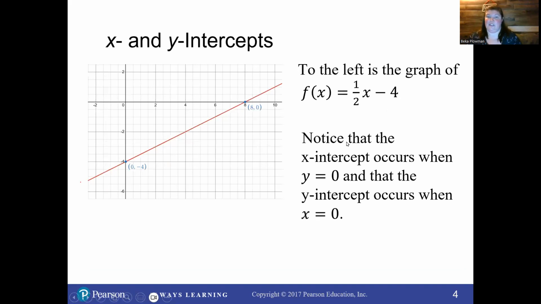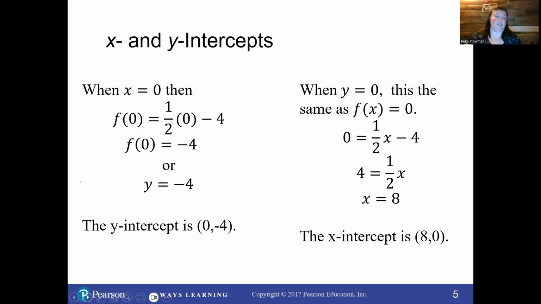As I said, your x-intercept occurs when y equals 0, and your y-intercept occurs when x equals 0. To put this all together, if we are looking algebraically for your x and y intercepts, we now have a technique to do that.